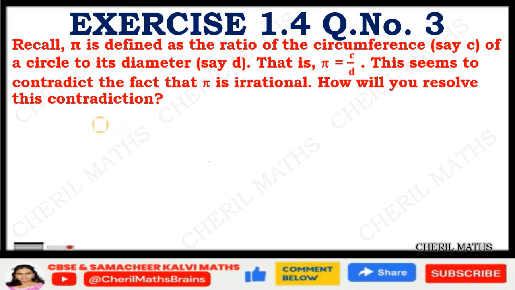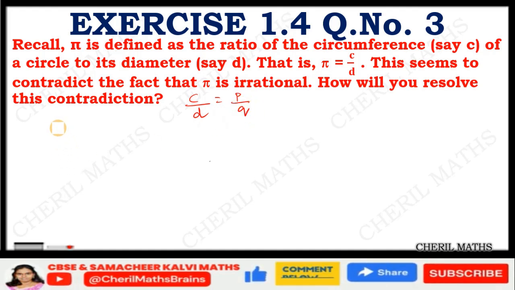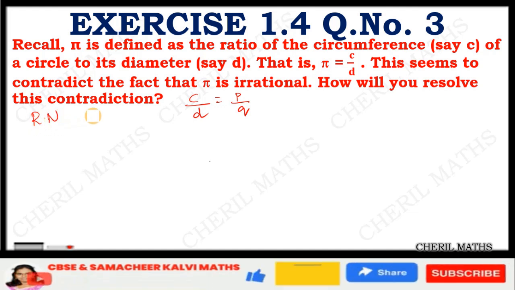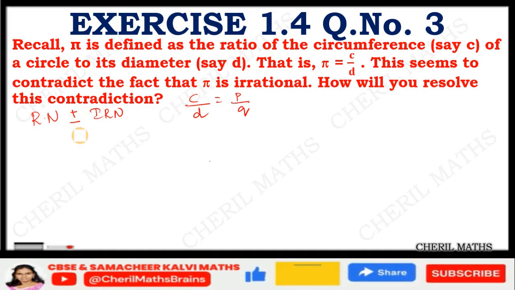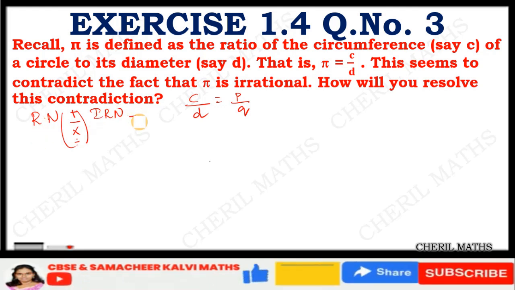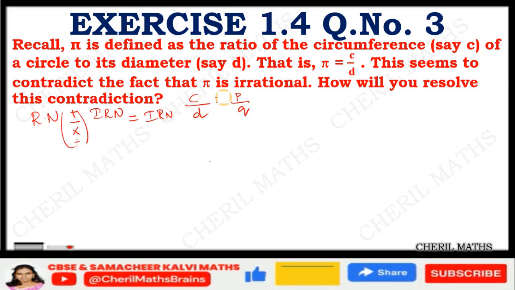Now let us discuss this C by D. We've learnt that if we add, subtract, multiply or divide a rational number with an irrational number, the answer will always be an irrational number. So what if C is irrational and D is rational?